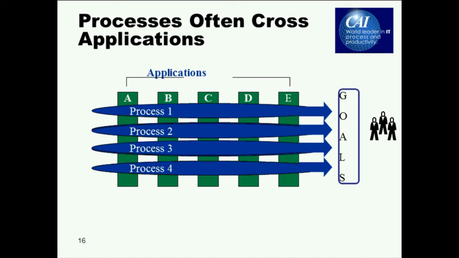So we're going to cross application lines, and we are probably going to cross platform lines. So our processes are going to cross all of the things that we typically assign people to be responsible for. So we have department managers, we have people in charge of platforms, we have people in charge of applications, and all those people think that their job is to make that stuff work well.